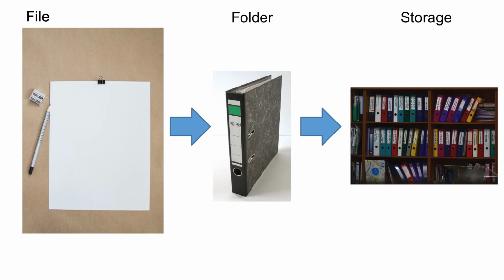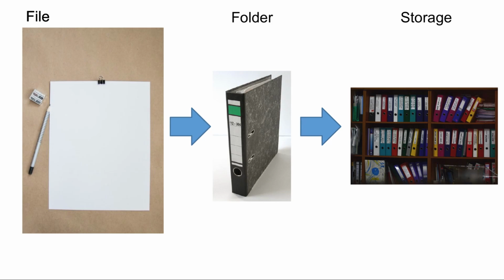These files are located in your system in so-called folders, which is a small collection or a large collection of different files, and these files are stored in a storage.